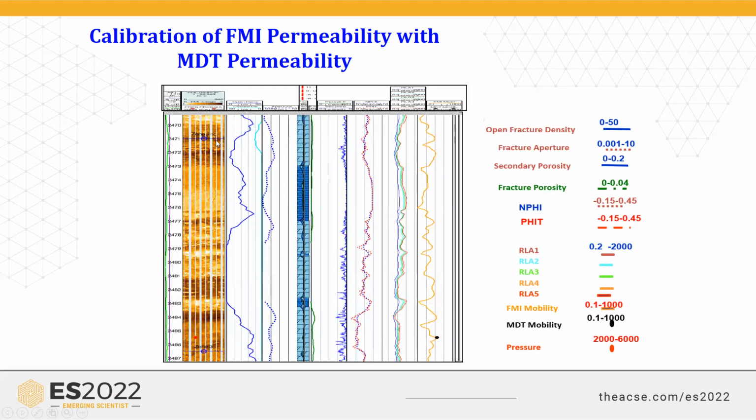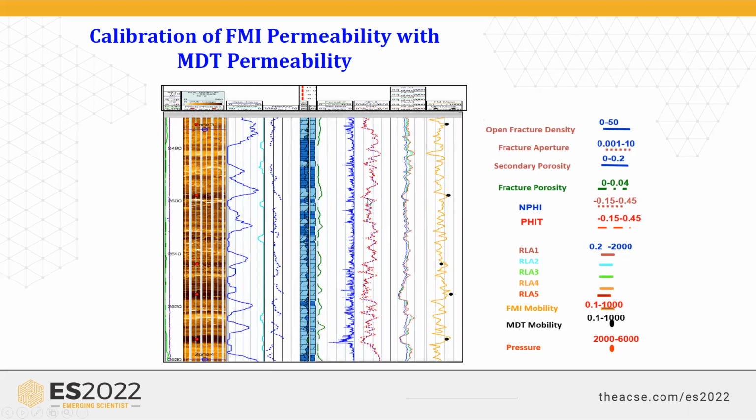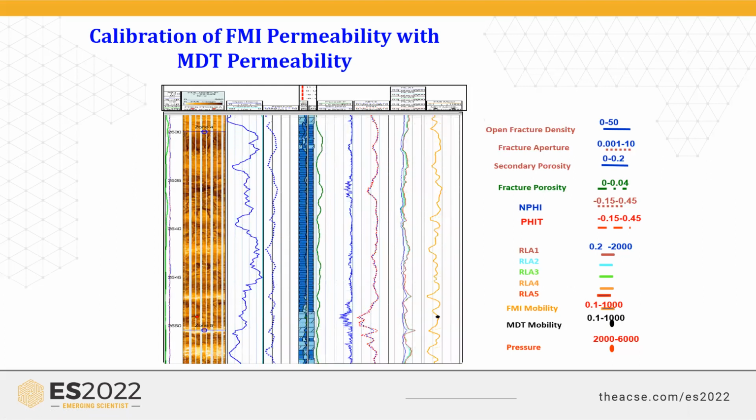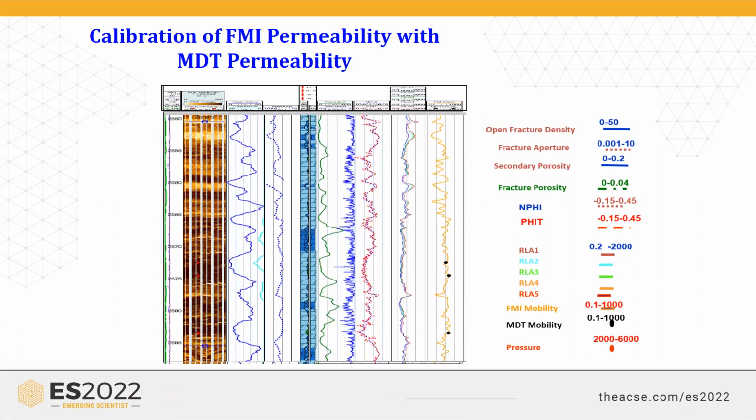Again in zone 2.2 you can see the MDT and FMI is matching well. Same again in this interval. So overall we have a good FMI and MDT mobility match.